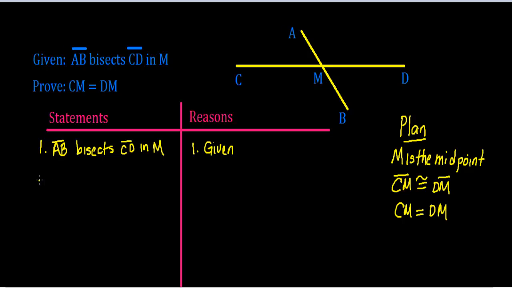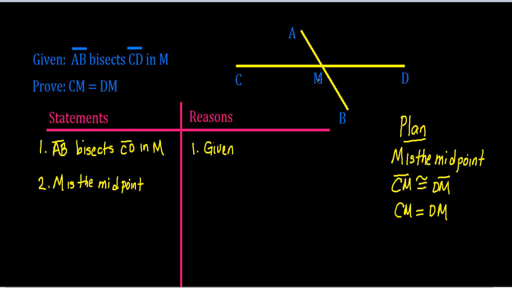For my second statement, according to our plan, I said, well, if this is given and this is true, I can very quickly say that M is the midpoint, according to the definition of segment bisector. That says that if a segment, a line, or a ray bisects a segment, that means that it intersects the segment at its midpoint.